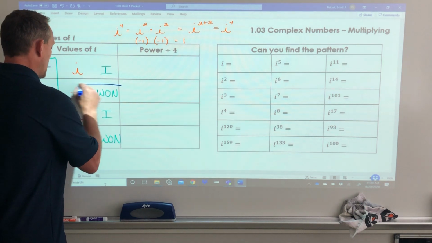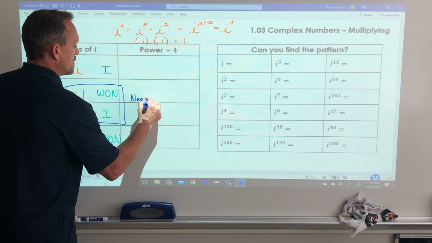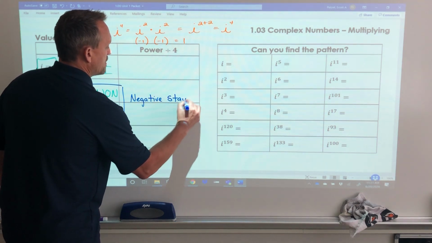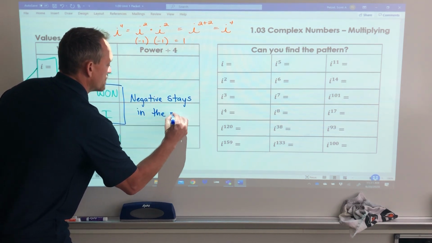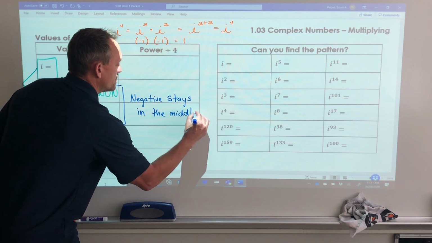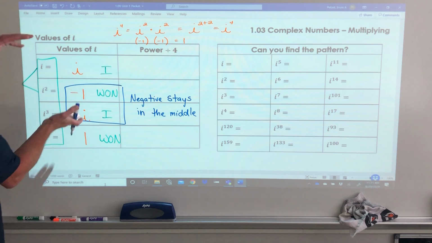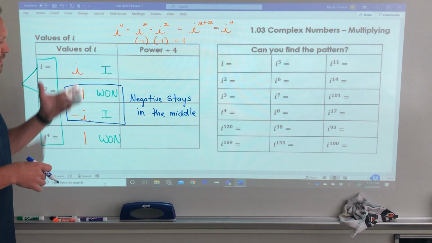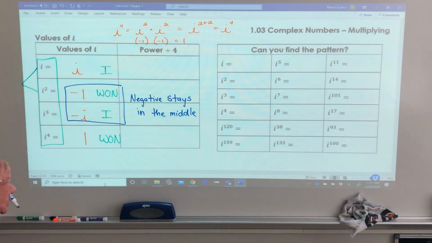So then we would say, negativity stays in the middle. Keep the negativity to yourself. So, i, 1, negative on the inside. So you don't have to remember which one's which. This little thing will help you: i, 1, negative on the inside. That's the for loop, if you will.